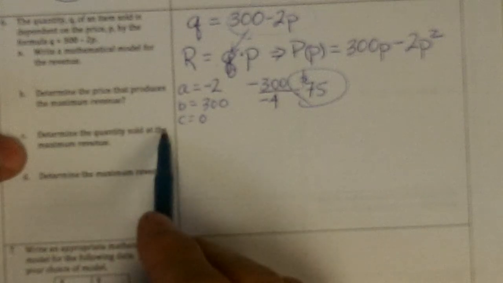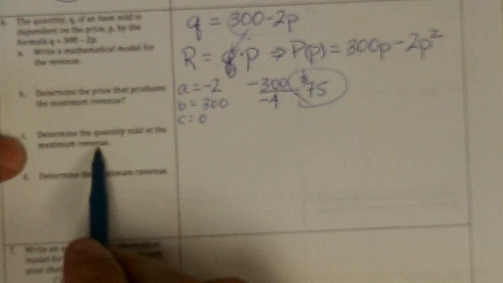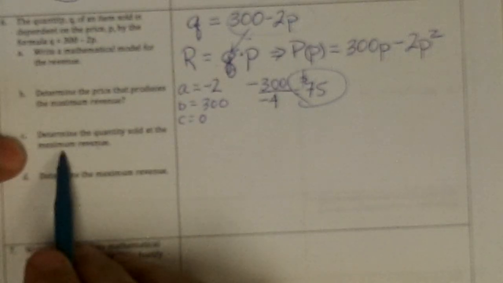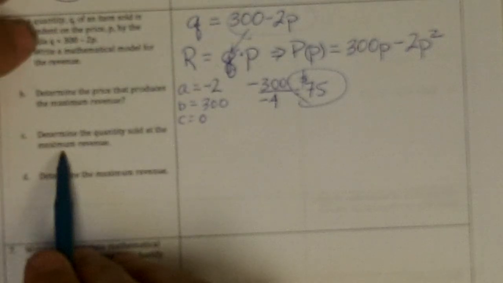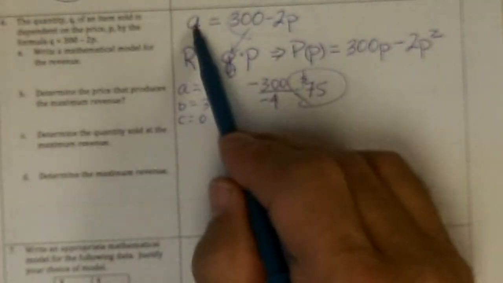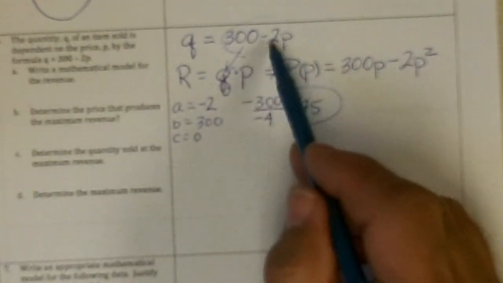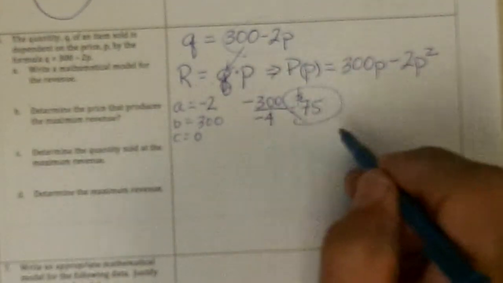Determine the quantity sold at the maximum revenue. So it doesn't say find the maximum revenue. It does here in D, but in C it says determine the quantity. Well, the quantity is 300 minus 2 times the price. So I got 2 times 75.